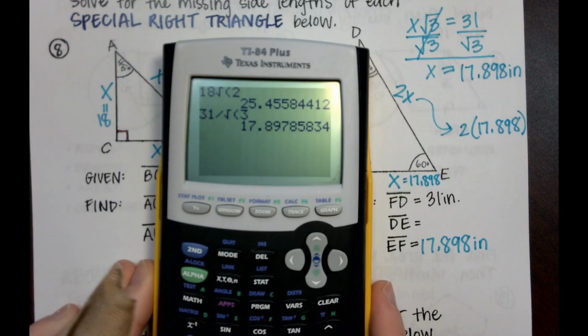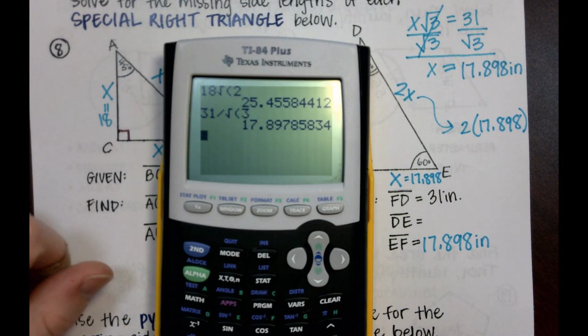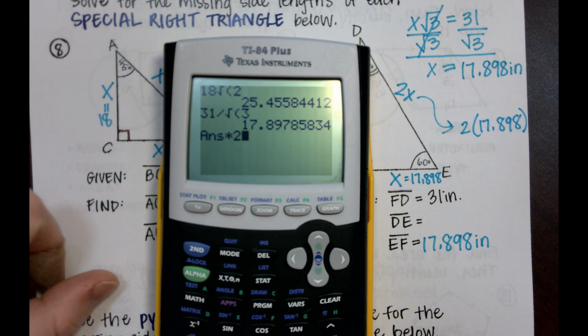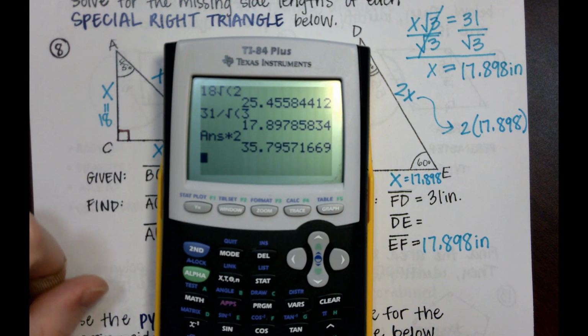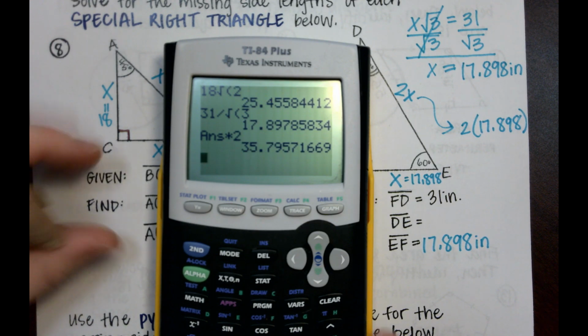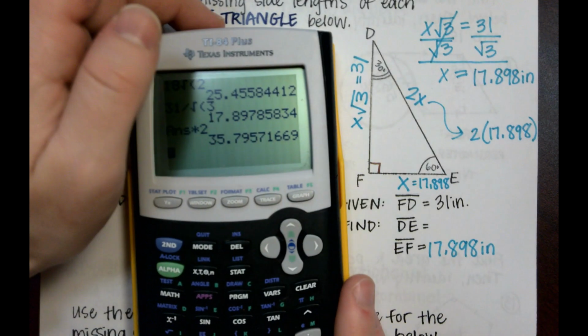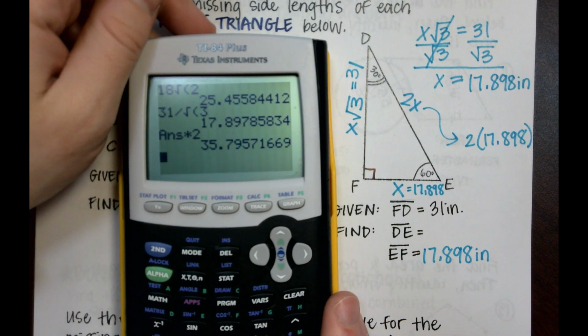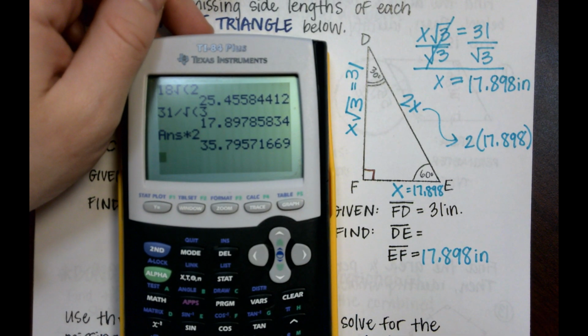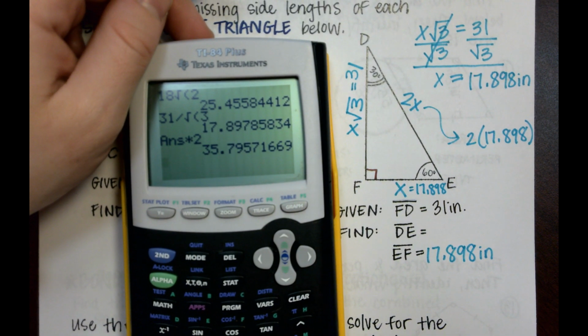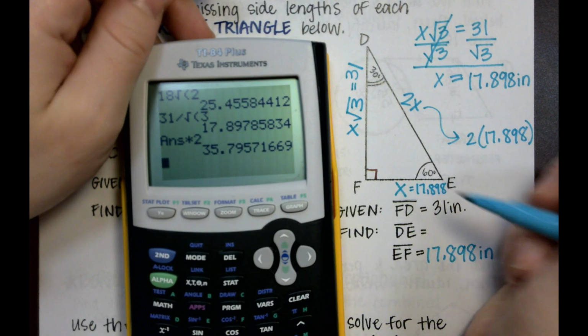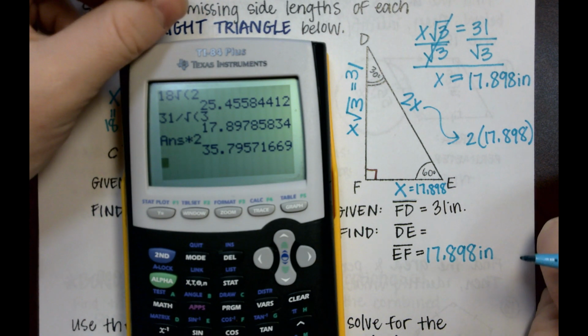So I think I'm just going to take this answer times 2. Honestly, I'm just rounding it because it'll get us around the same. Right, it will. What did you get for your answer? I got 35.796. Perfect. Definitely the same answer you would have got if you rounded.